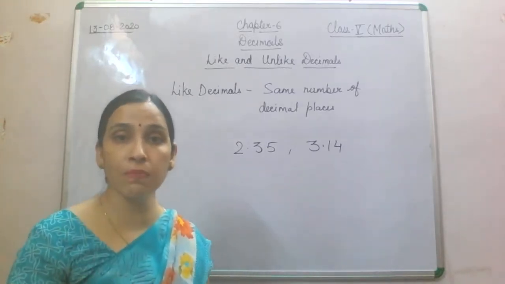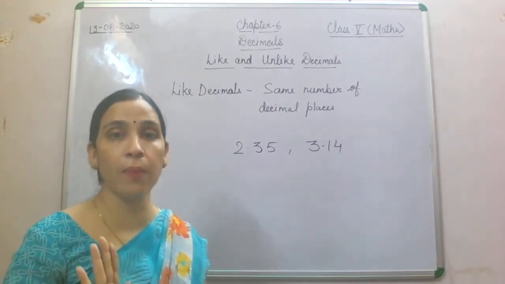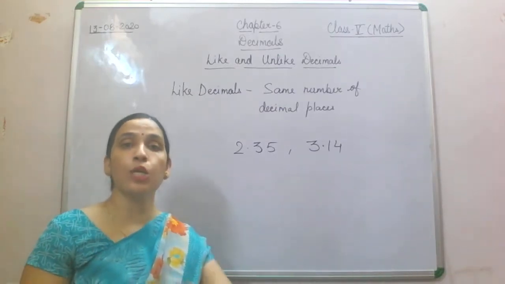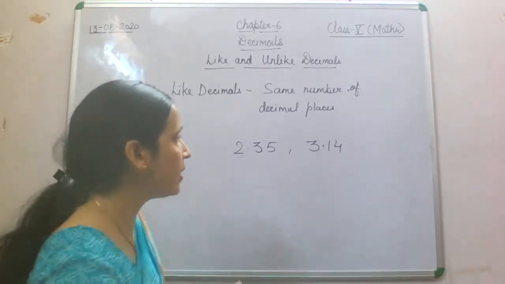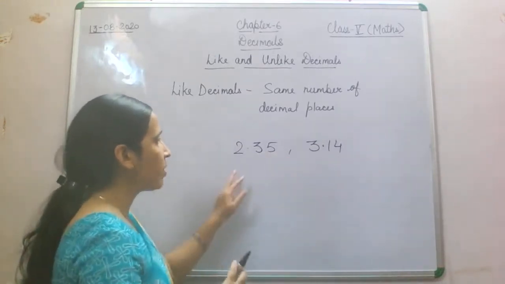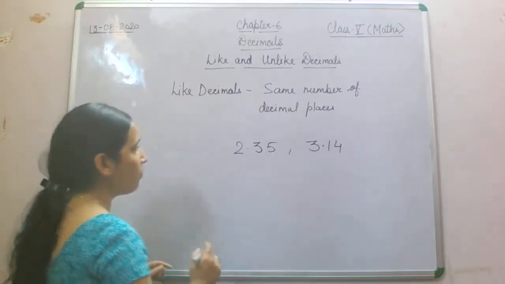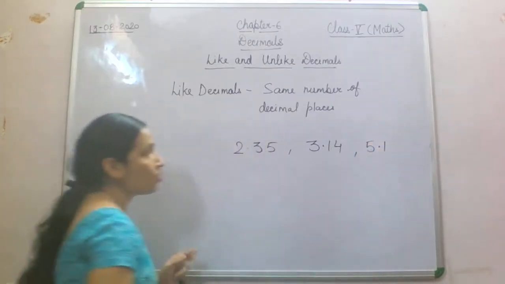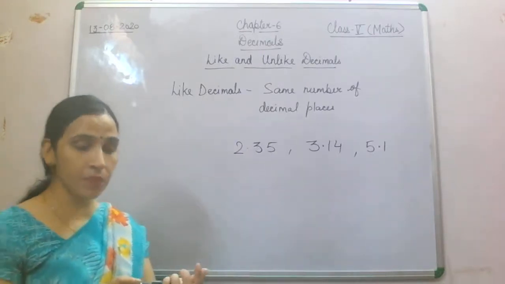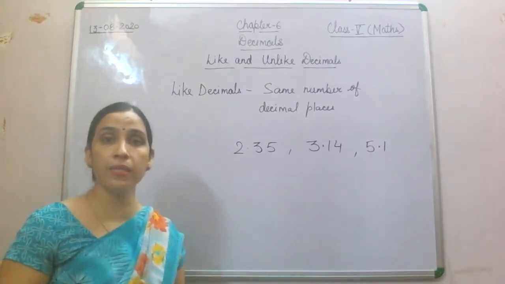Now, for example, if you have been given three decimal numbers, 2.35, 3.14 and here we'll write 5.1. Are they like decimals?